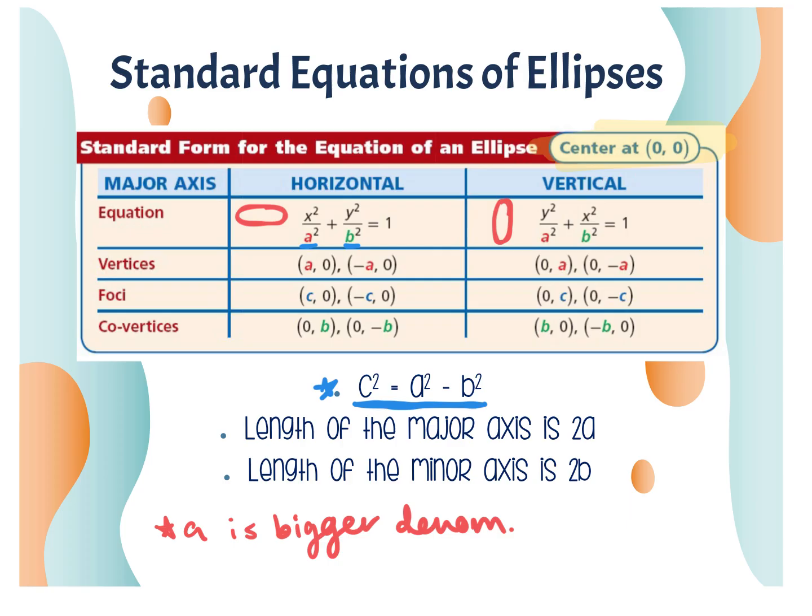And then a couple other important points here is the length of the major axis is 2 times A. If we have a horizontal ellipse here with our center here, the whole length of the major axis is 2 times A, because the length from just the vertex to the center would just be A. So we've got 2 A's there. 2 times B is the length of the minor axis, the whole minor axis, but we cut it in half to find what just B is.